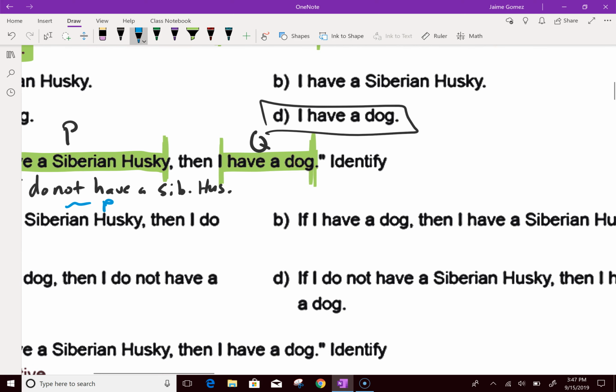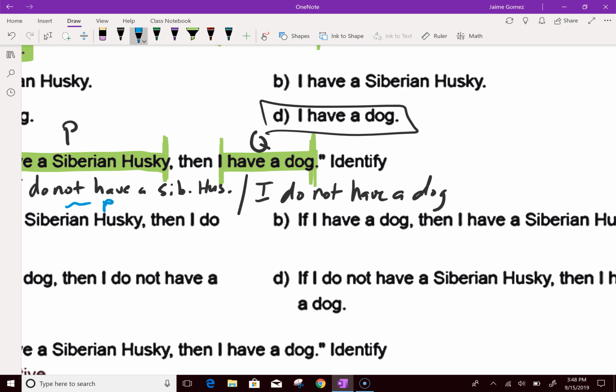Now the next part is I have a dog. Well, I need to make it that I don't have a dog. Well then, pretty much I do not have a dog.